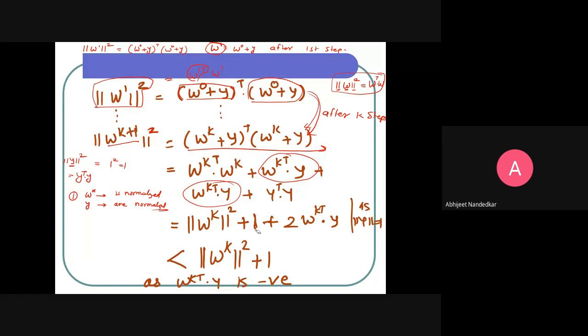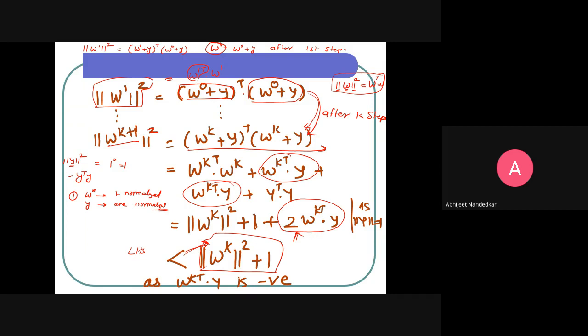Since I am dropping this term and still saying that this side is bigger, can you think why? I am dropping a term from the right hand side, and the left hand side is less than these two terms, even though I am dropping this term from the right hand side.